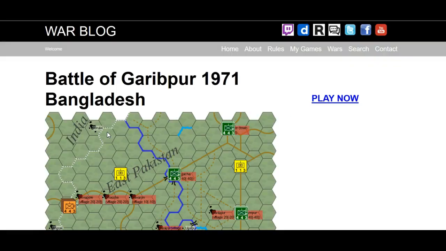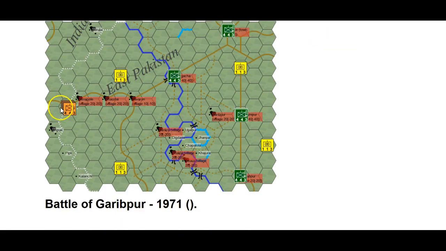Yes, this is it. The Battle of Garipur, Bangladesh. Basically, the Indian forces did intend to surprise the Pakistani forces, but they didn't, because there were patrols that they ran across, and they lost the element of surprise. And they still came out with the upper hand.